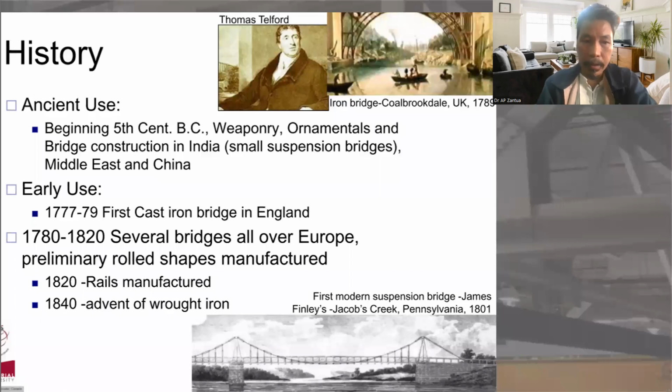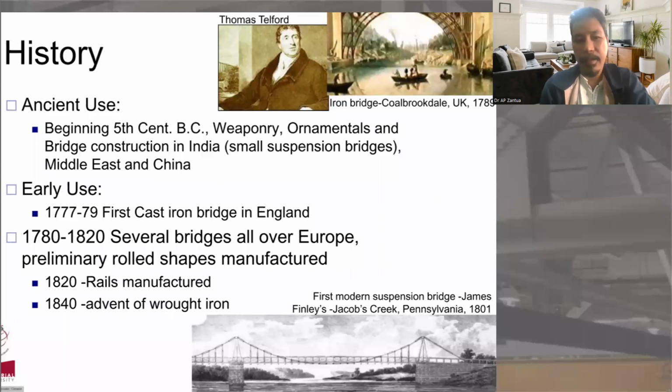In 1780 up to 1820, several bridges all over Europe were built and preliminary rolled shapes were manufactured. So after that early use, there's a big boom of usage for bridges.